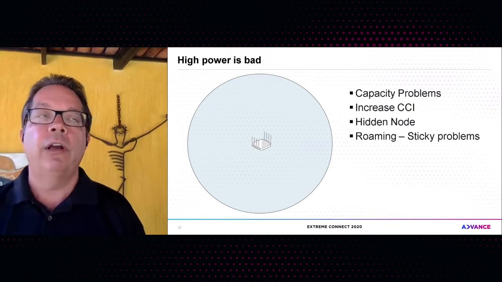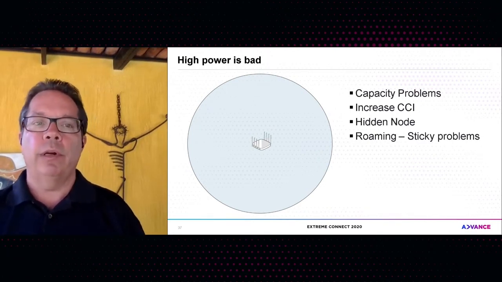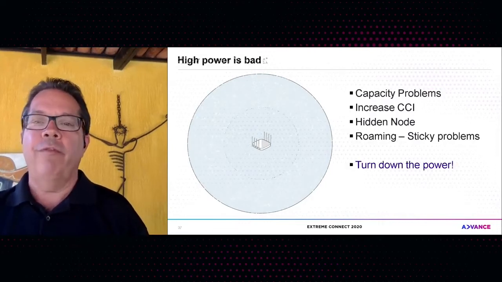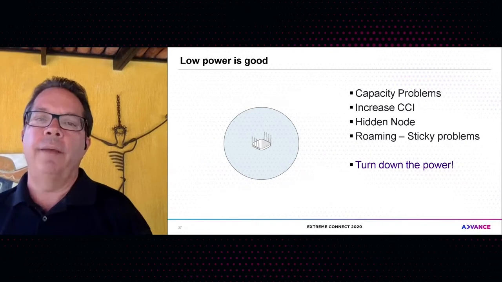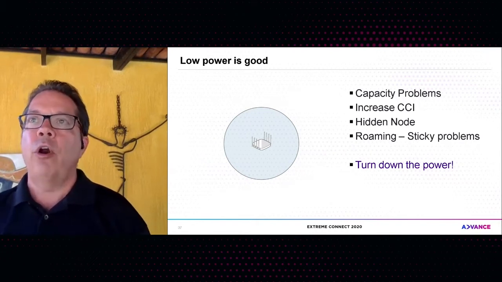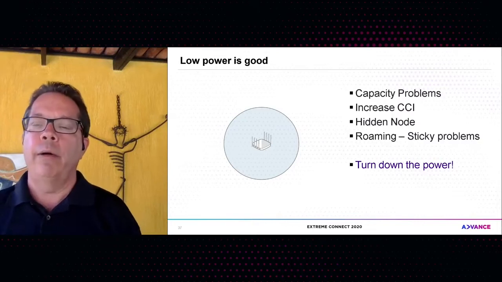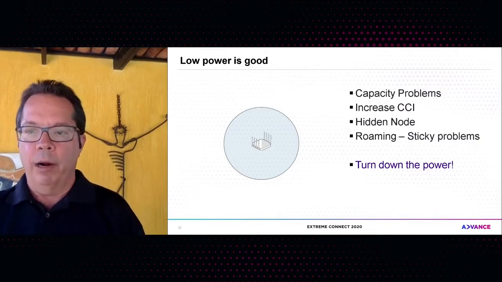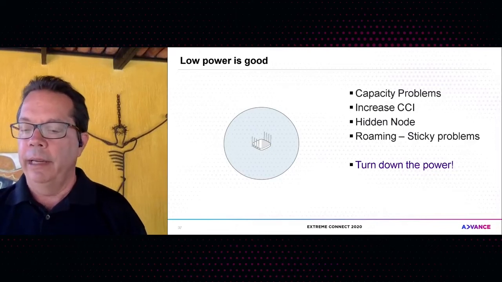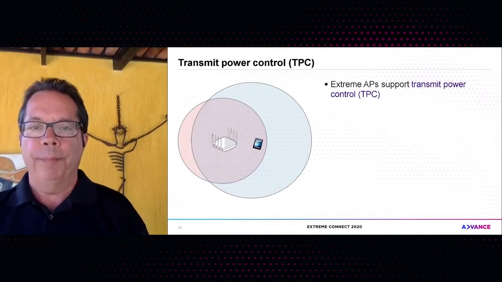It will absolutely cause roaming and sticky client problems, where clients aren't roaming properly and they're hanging on to their original AP, which will affect performance. So listen, turn down the power of your access points. In most cases, starting off with them at about a third power or better, you're going to have a better performing wireless LAN. Now, there's always exceptions to the rules, but for me, this is kind of a 101.